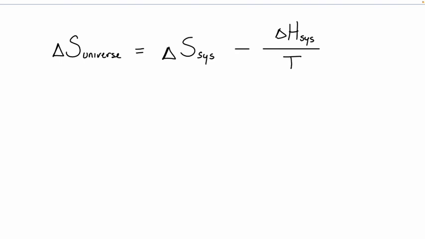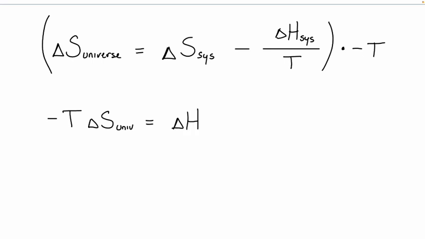All we're going to do is rearrange this equation by taking the whole thing and multiplying it by negative T, pulling it out of the denominator of that delta H term. So we got negative T delta S of the universe equals the delta H of our system minus T delta S of our system.